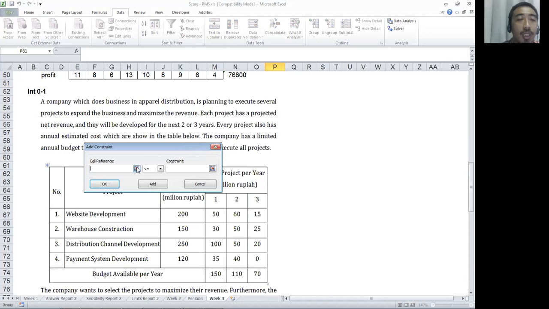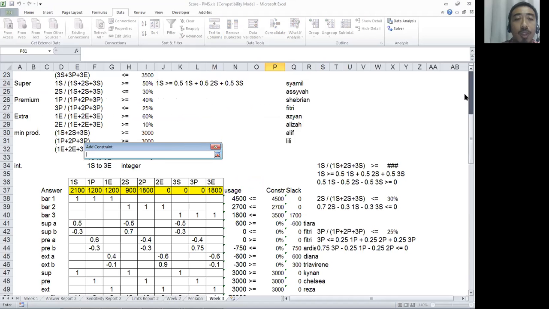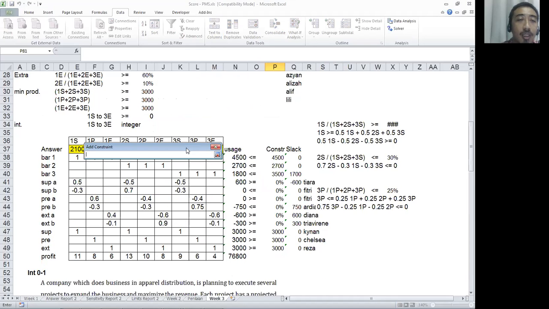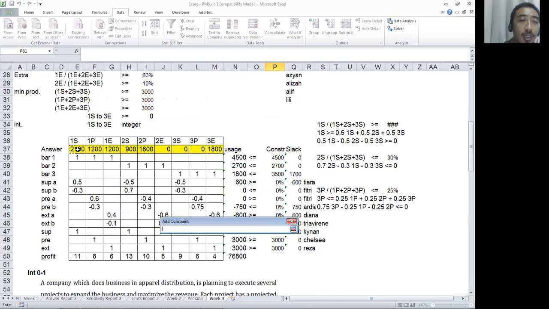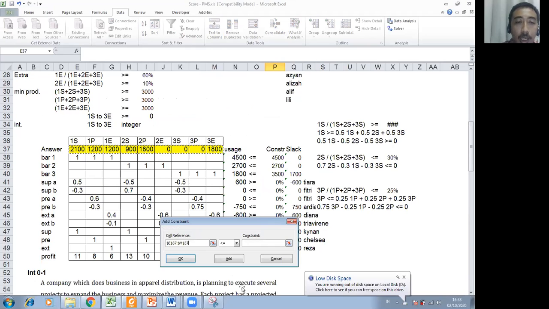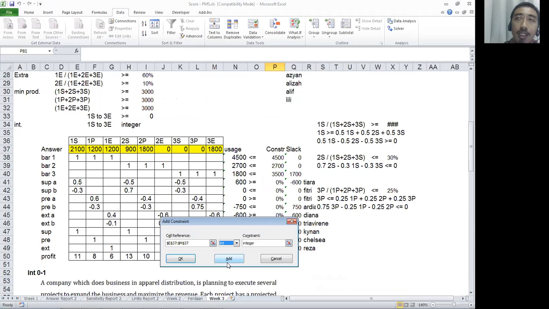The additional constraint is we put the answer here, the changing variable here, all of this. Okay, and we choose the integer. This is if we deal with ordinary integer programming. But if we deal with the binary, just like the last case, what we need to choose is not integer, but the bin here, binary.